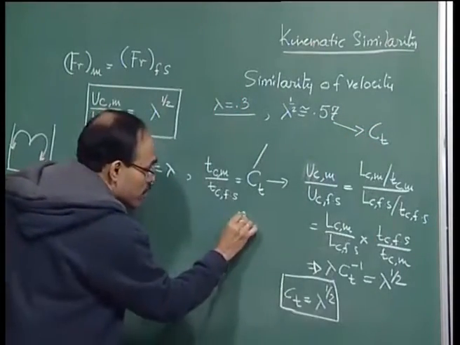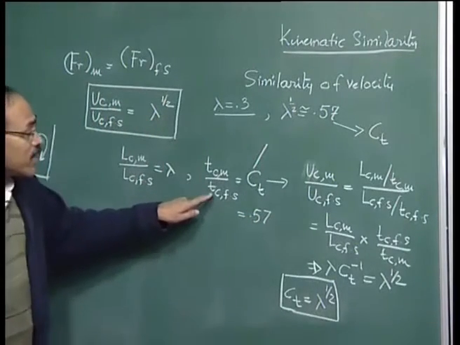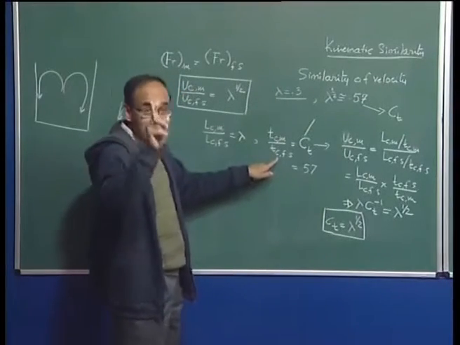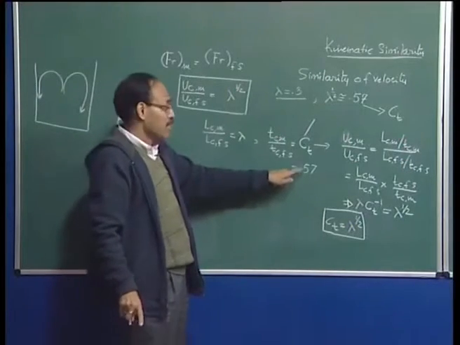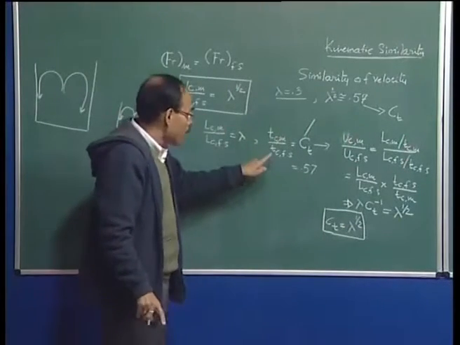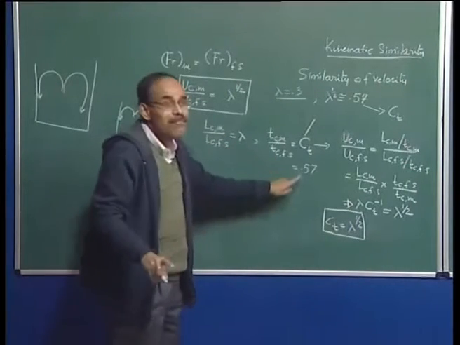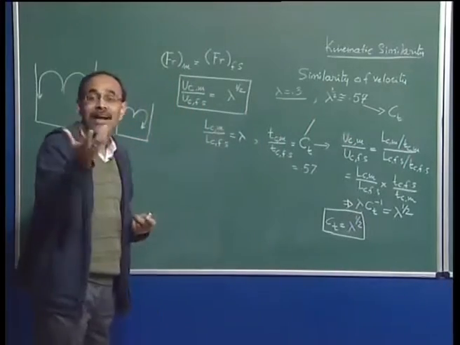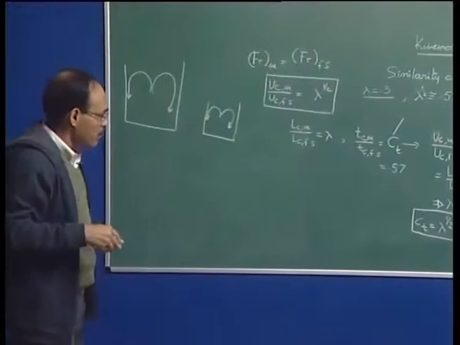If I put this 0.57 here, I will immediately know that 1 second in the full scale system corresponds to 0.57 seconds in the model system. If I am talking about 10 seconds in the full scale system, I will be talking about 5.7 seconds in the model system, and in this way I should have an idea of the correspondence between the time scales in the two systems.